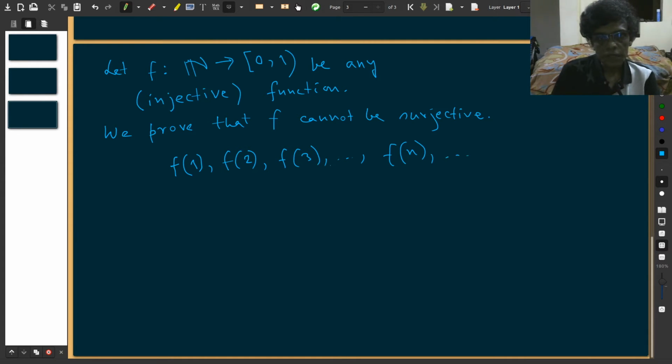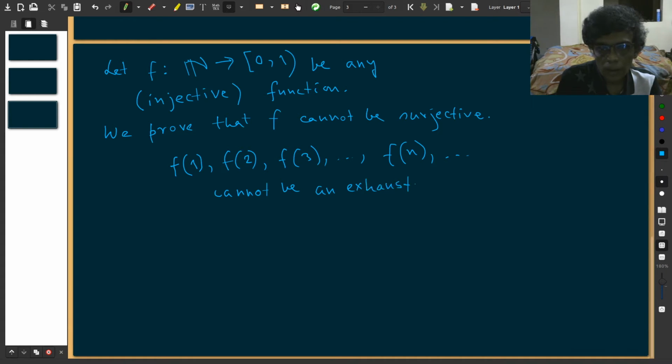So this is a kind of enumeration process of proper fractions, and the fact that f cannot be surjective implies that this cannot be an exhaustive listing of the elements of the interval [0, 1).